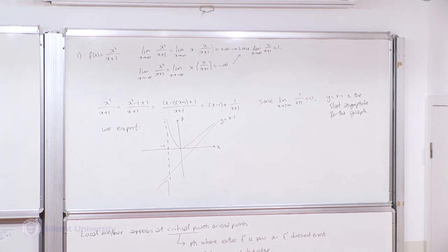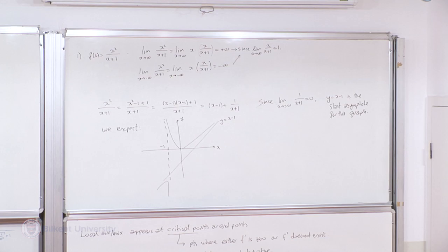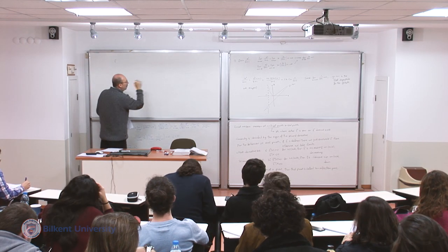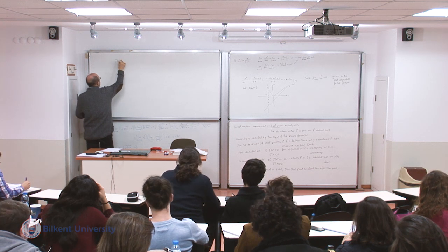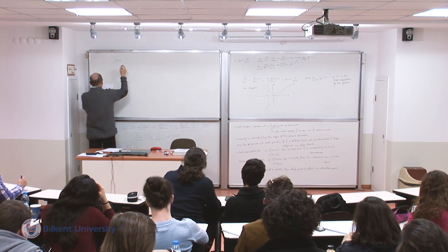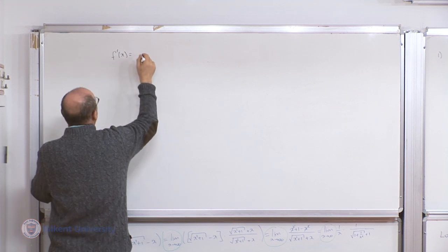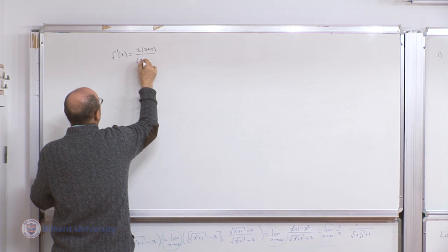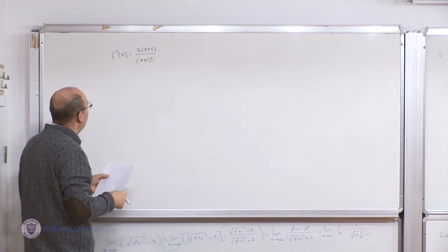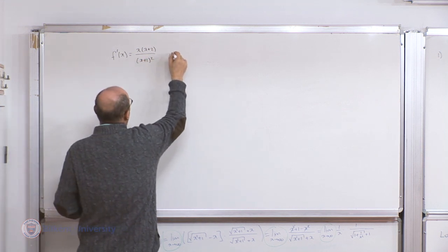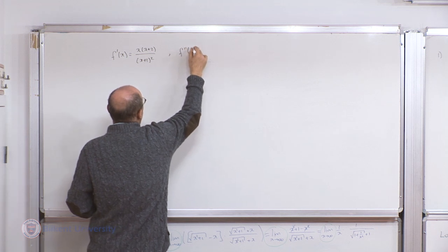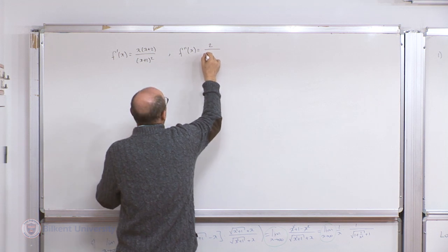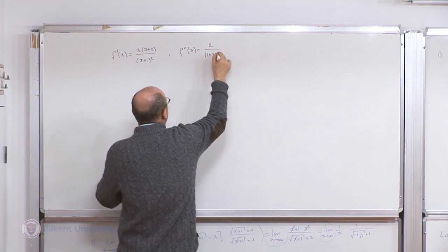So time has come to do the derivative. I called the function f. So f prime of x is equal to, I'm writing the simplified form here, x plus 2 over (x plus 1) squared. And I also calculated the second derivative and simplified it, and it is 1 plus x cubed.